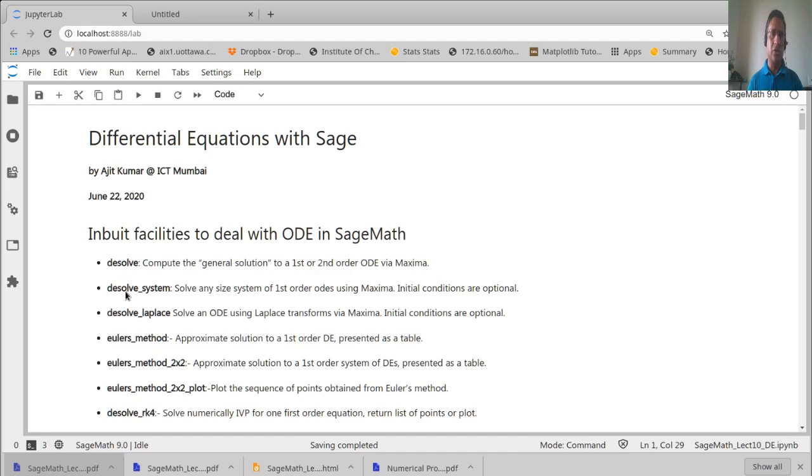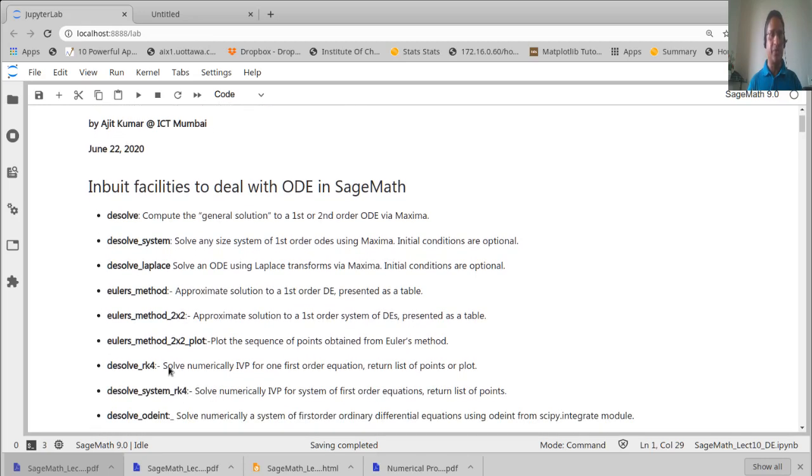You can also solve a system of ODEs using desolve_system. Then you can use desolve_laplace, that is solving an initial value problem using Laplace transform. You also have facilities to do numerical solutions of ordinary differential equations using the Euler method or the RK4 method, including systems of ordinary differential equations.